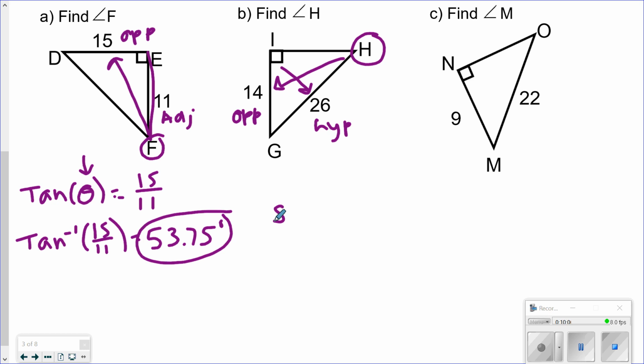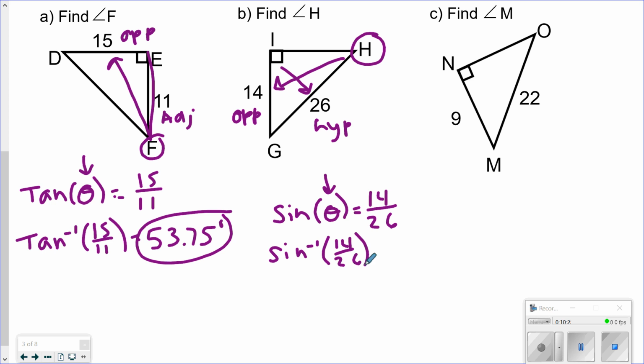So sine of theta, the angle we're looking for, is equal to 14 over 26. So if I'm looking for my angle measure, I'm going to use inverse sine. So inverse sine of 14 over 26. That will equal, and it's approximately 32.58 degrees.